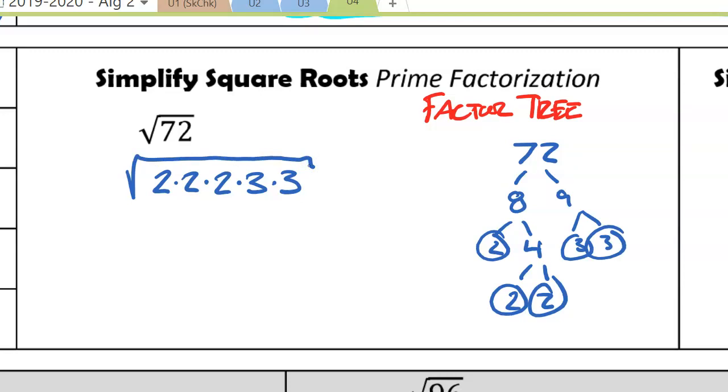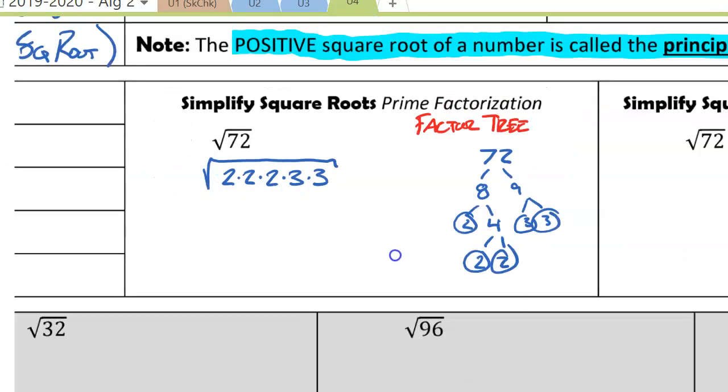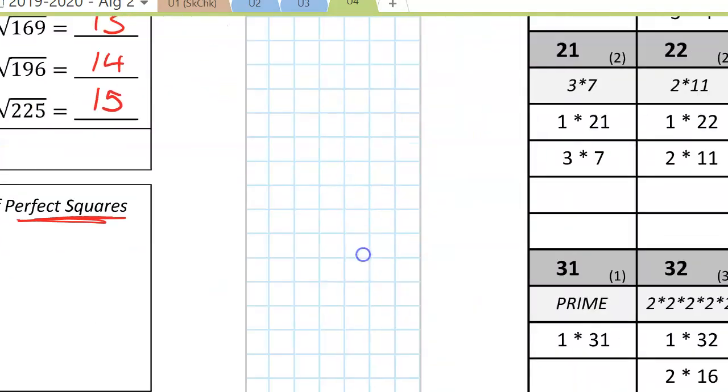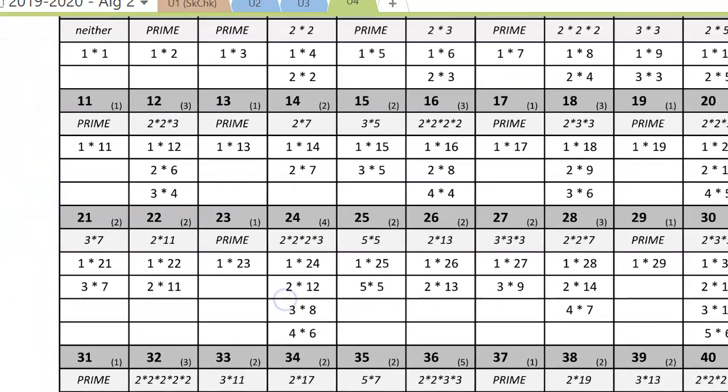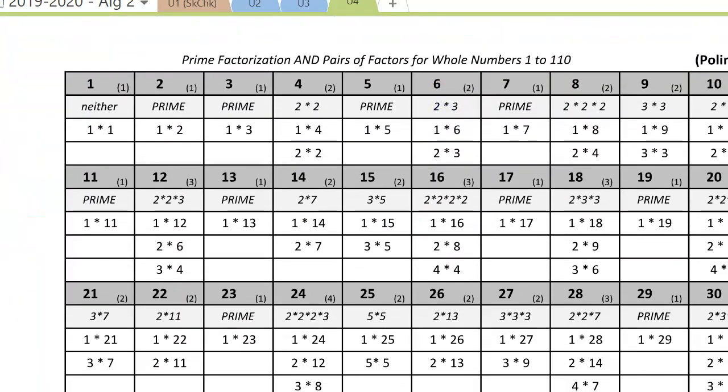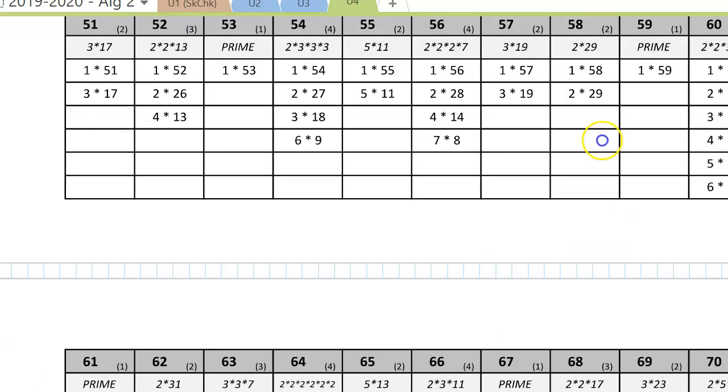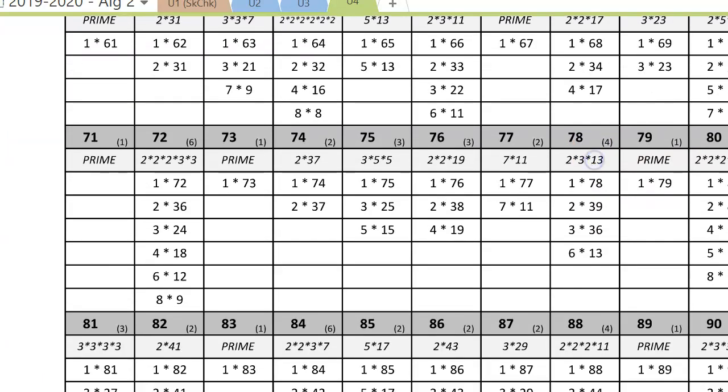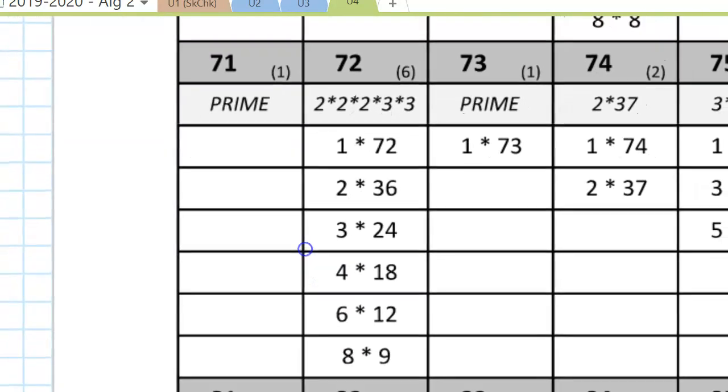As an aside, if we're not very good at doing factor trees, on your list of prime factorization and factor pairs that we have been utilizing, the first line in each of these numbers lists the prime factorization. If I come to 72, not only have we listed all the numbers that multiply together to be 72, but the first line lists the prime factorization.